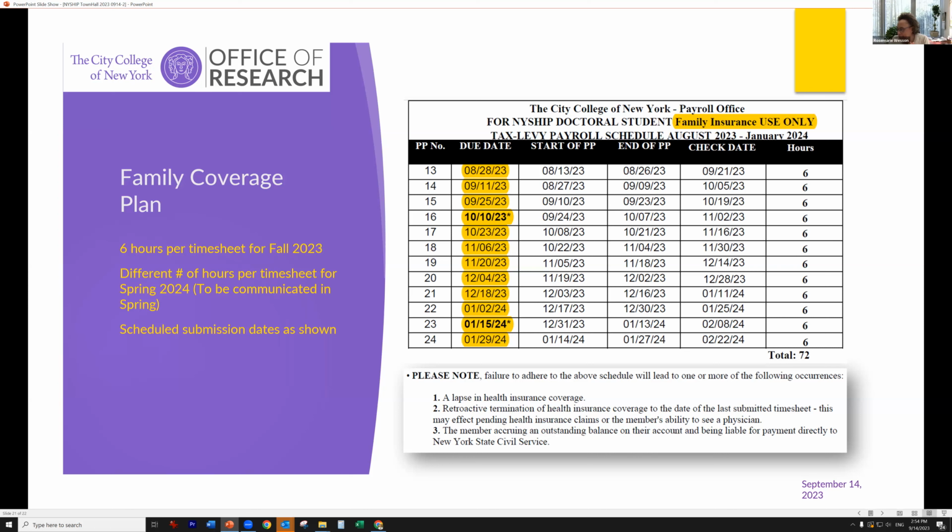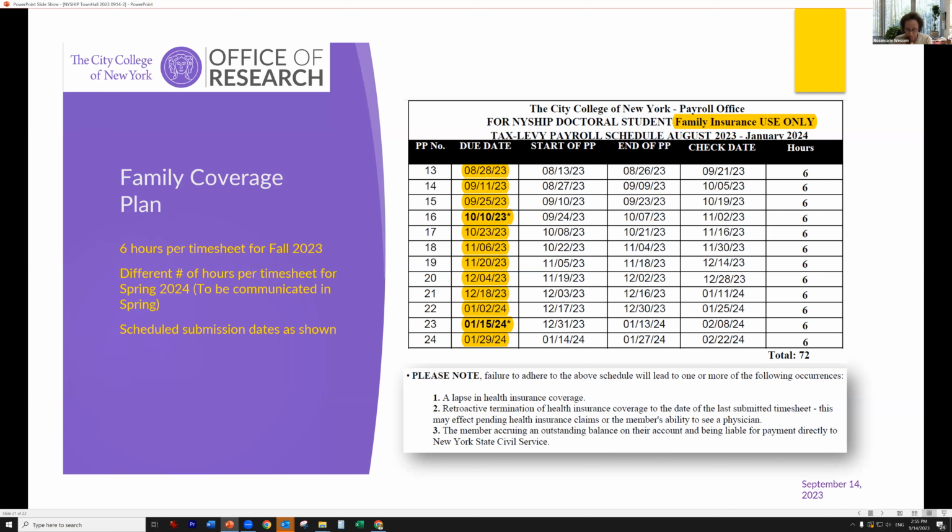What I did not see in the presentation is that the faculty have to approve the timesheets. That's an important step. If the faculty advisor doesn't approve it, the process doesn't go through, and we get the same problems as if no timesheet was submitted. Faculty members need to approve the timesheets.